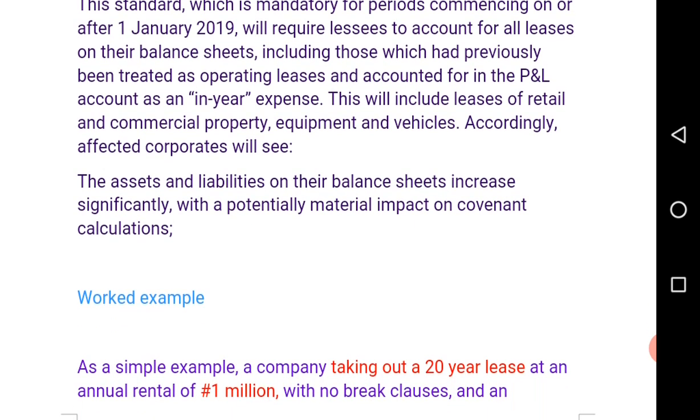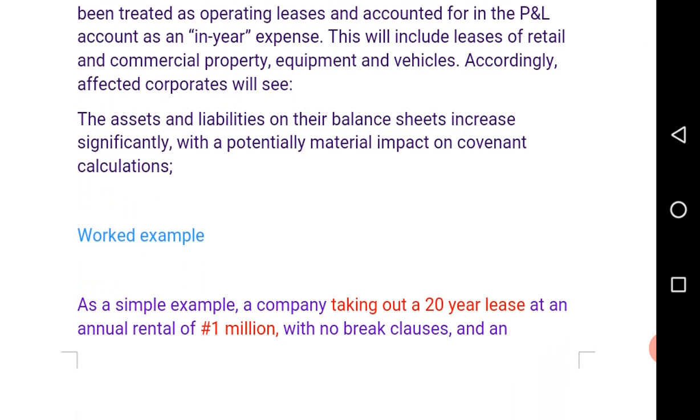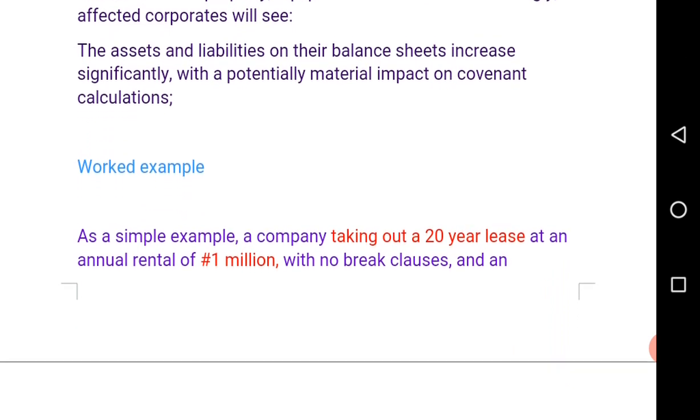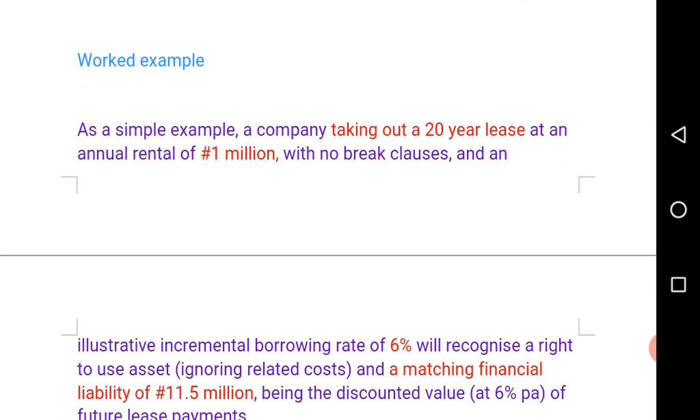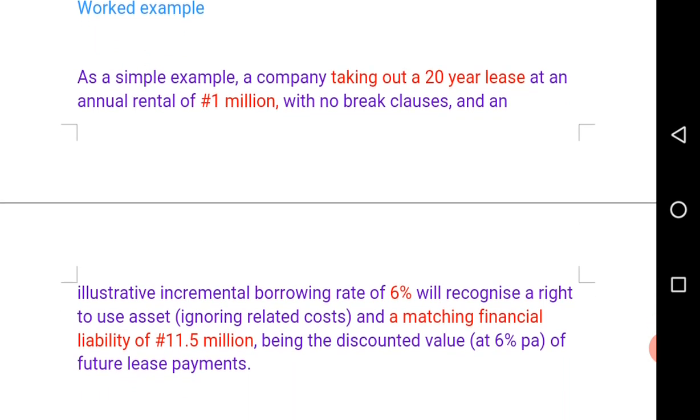So we have worked examples here, and it says, as a simple example, a company taking out a 20-year lease at an annual rental of 1 million naira with no breakup clauses and an illustrative incremental borrowing rate of 6%, will recognize a right-of-use asset, ignoring related costs, and a matching financial liability of 11.5 million naira, being the discounted value at 6% per annum of future lease payments.